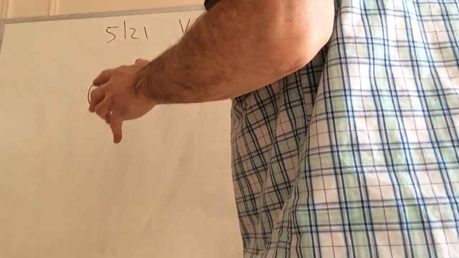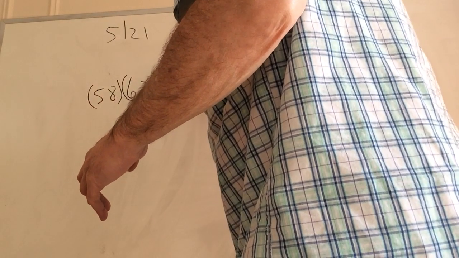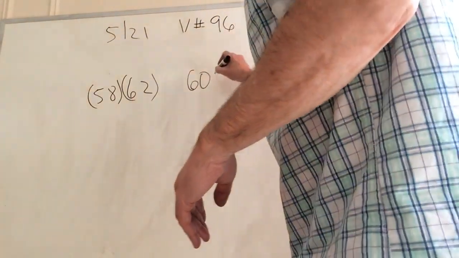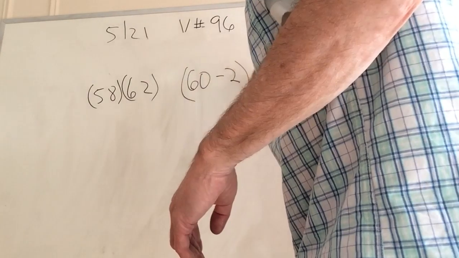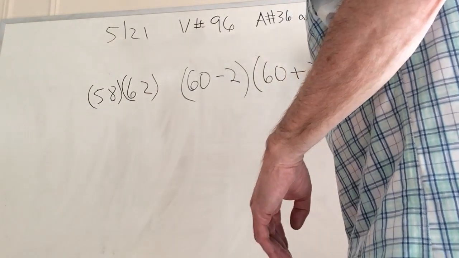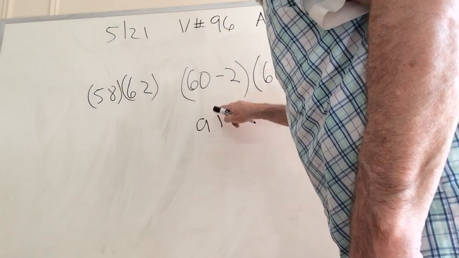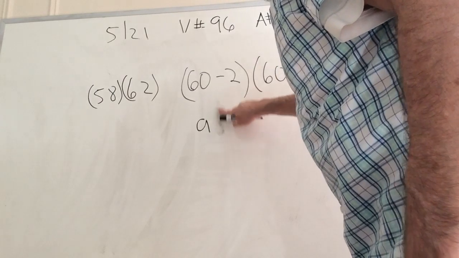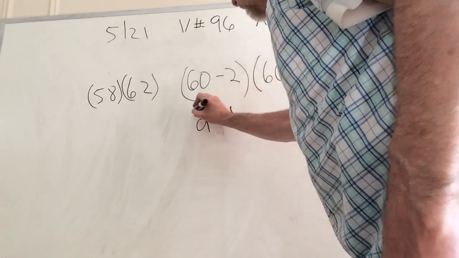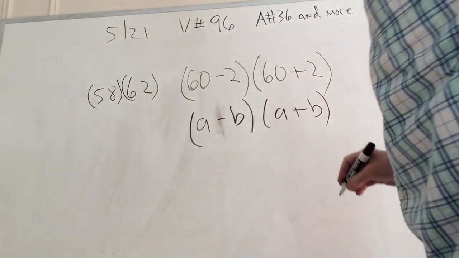And so what I'm doing is I'm thinking that if I put 60 here and subtract 2, and then put 60 here and add 2, then I can immediately take advantage of this thing that we talked about, this configuration I called it, that turns out to be so important as we move along.